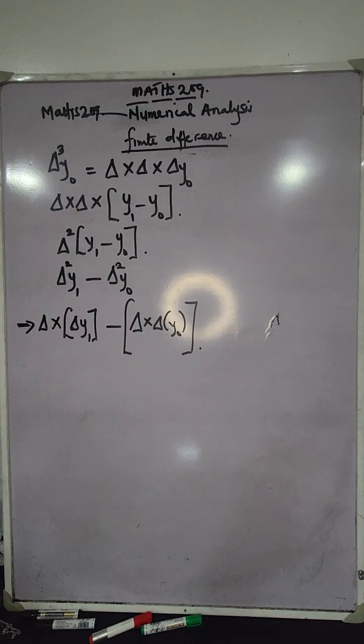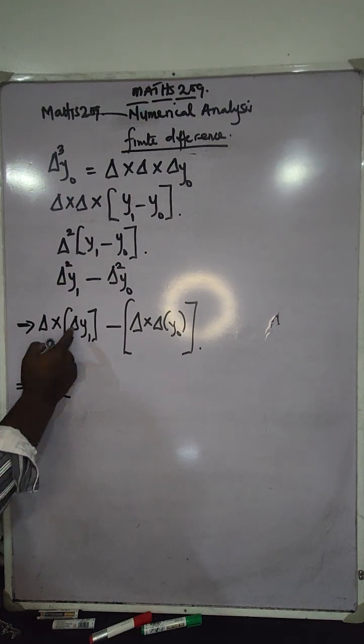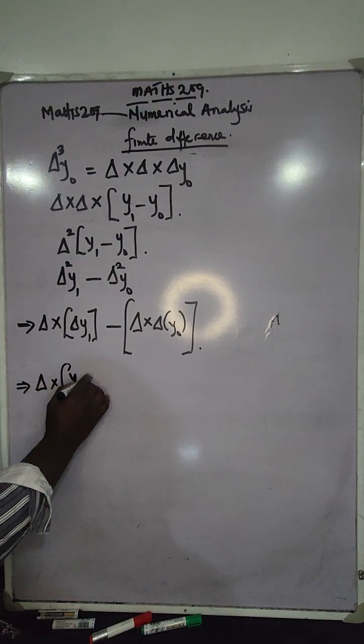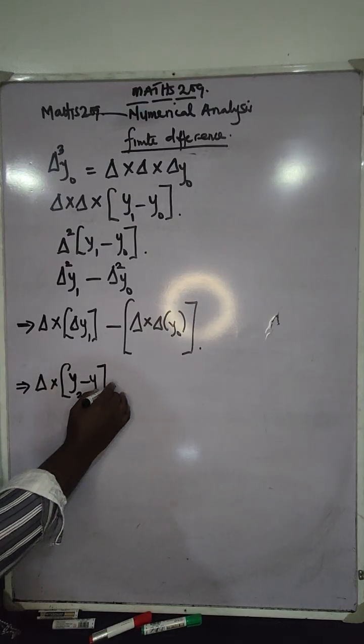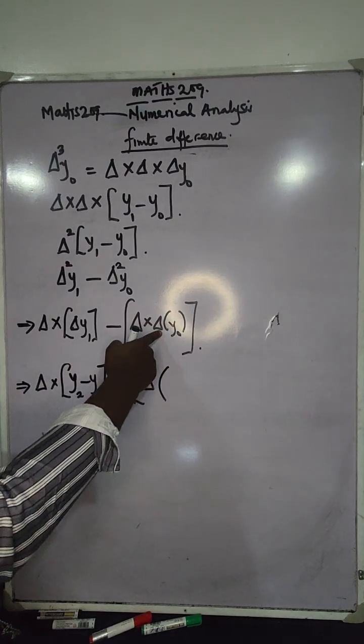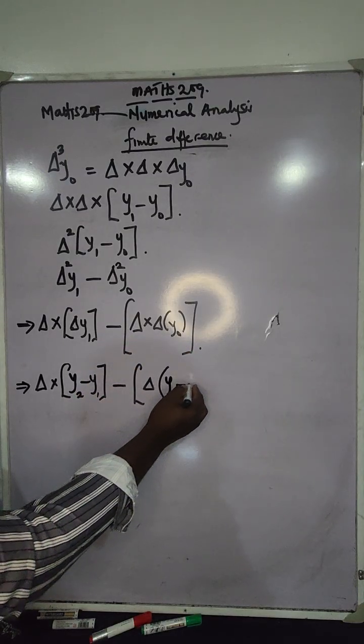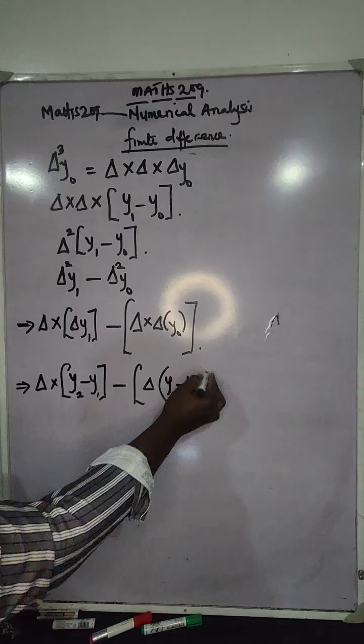And so you find out that from here, the forward difference, when multiplied by this, is y2 minus y1, minus the forward difference of y naught. What is the forward difference of y naught? It is y1 minus y naught itself.